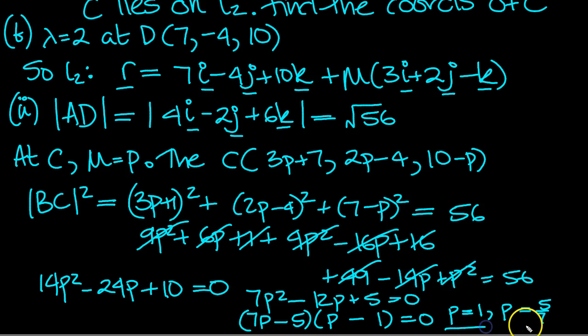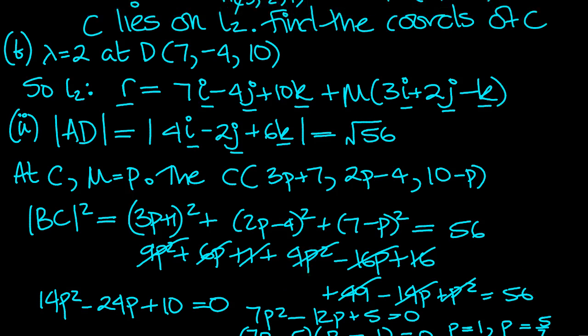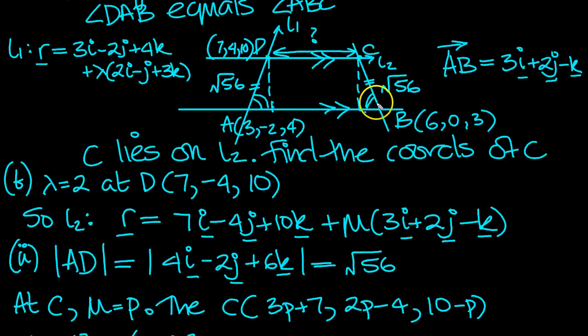So these are our two possible values for p when the length is root 56. What's interesting here is this could also be symmetrical, it could also be here, so that's why you've got two possible solutions. The smaller of the two values of p along the line should give the value here, by intuition.